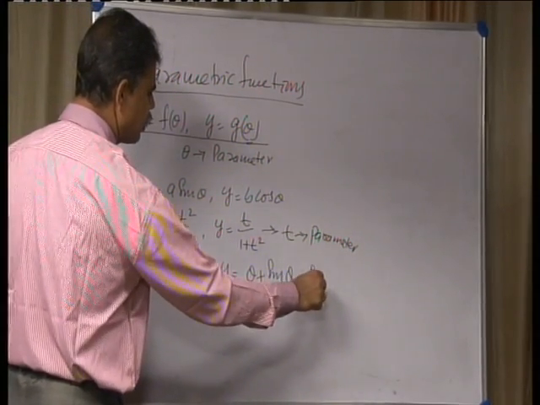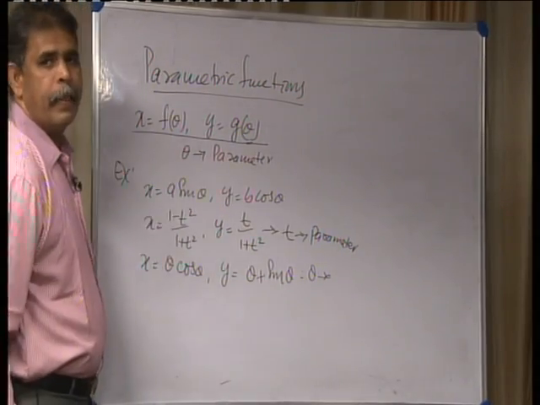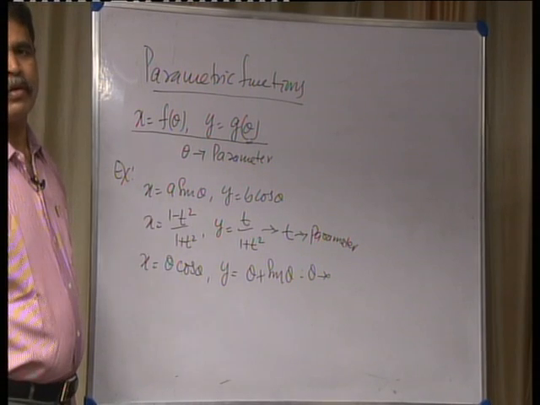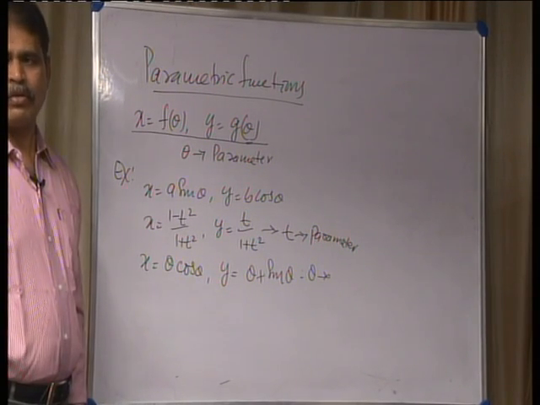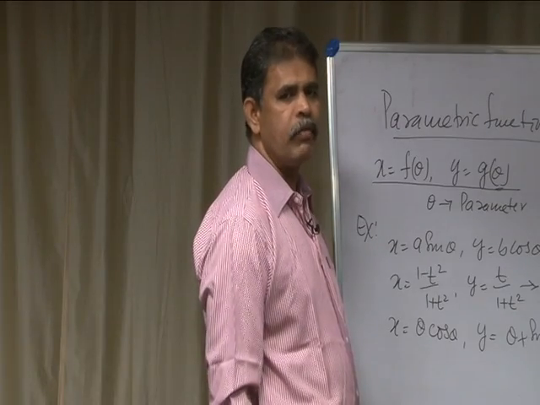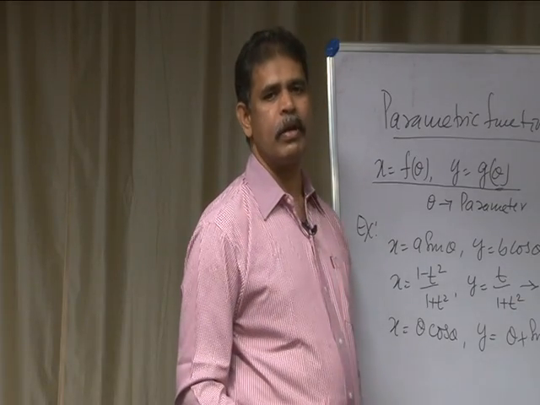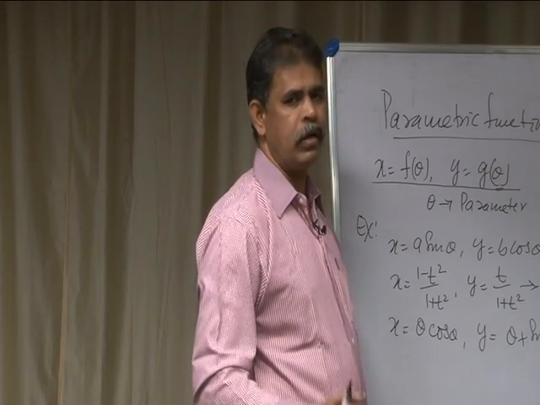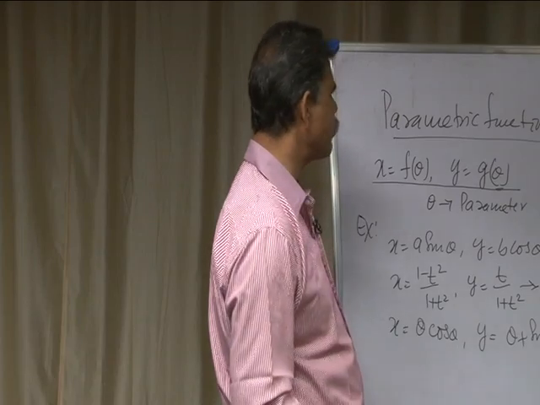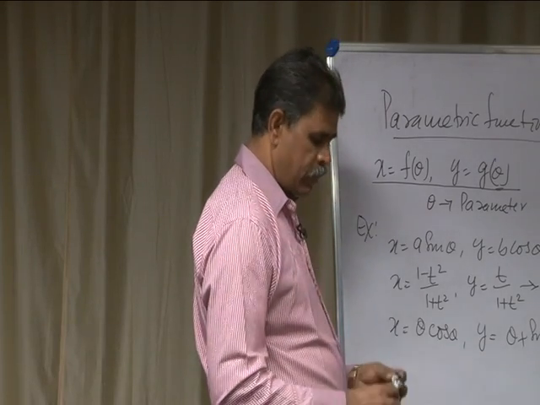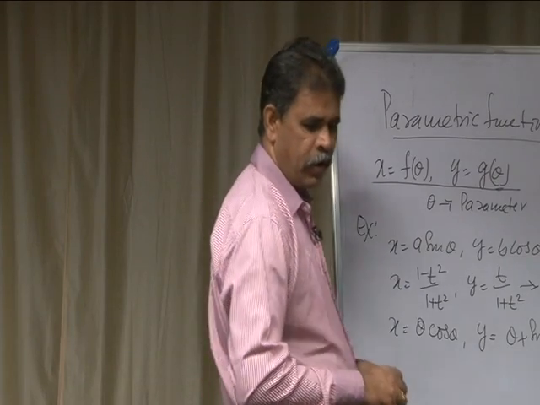Here theta is the parameter. So in a parametric function there will always be two equations, both given in another common variable, that may be theta or t. Those functions are known as parametric functions. How to get the differentiation of parametric functions?